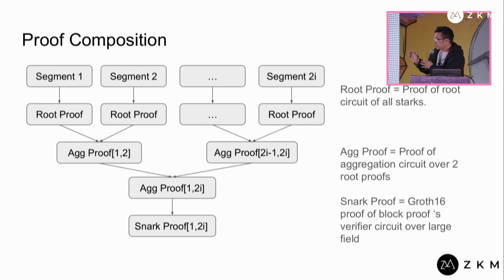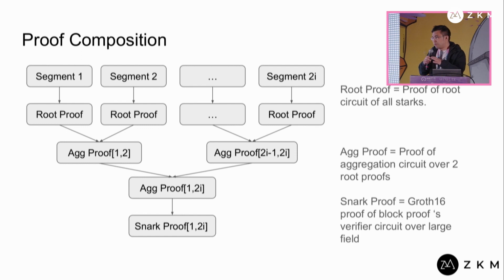So first we need to combine the different STARKs into one proof. The root proof is the proof of the root circuit of all the STARKs, and then we aggregate the root proofs. The aggregate proof is the aggregation circuit over two different root proofs.